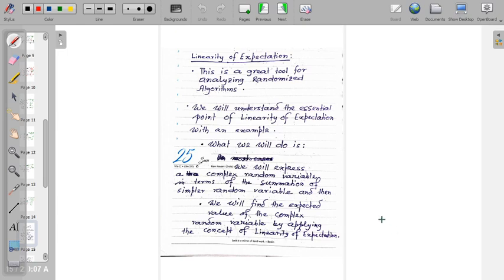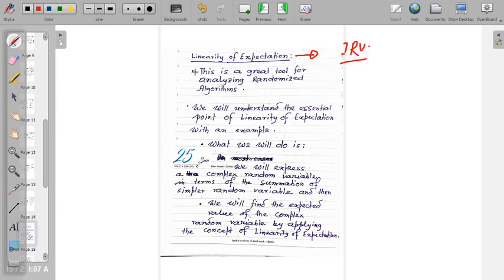The term related to this is linearity of expectation. Very important term, linearity of expectation. And after a couple of minutes, another term will be coming, called indicator random variable.